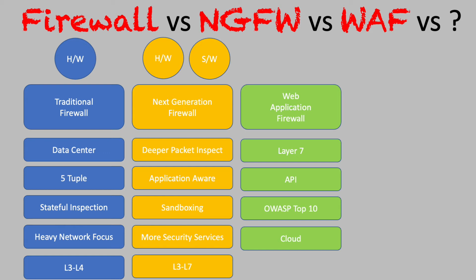And also, if you look at it, the WAF's popularity increased a lot with the evolution of the cloud. So when you think of web application firewalls, you think of cloud. But unlike the next generation firewalls and the traditional firewalls, where you install and deploy them by themselves and connect them to upstream and downstream routers and switches, with web application firewalls you don't typically deploy them by themselves.